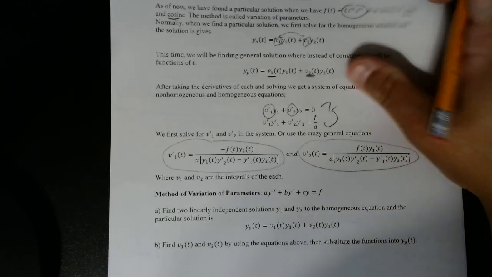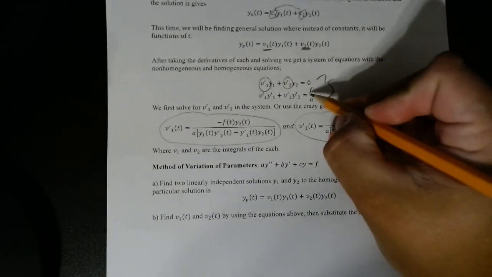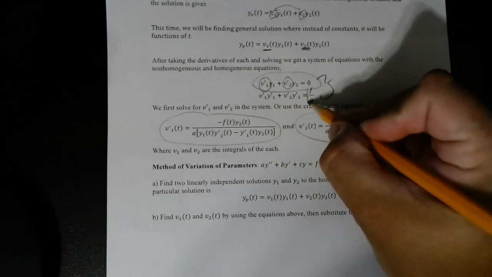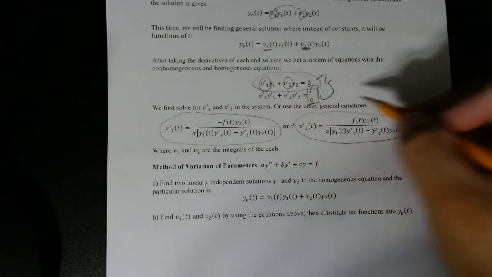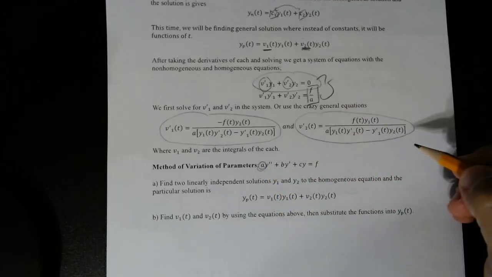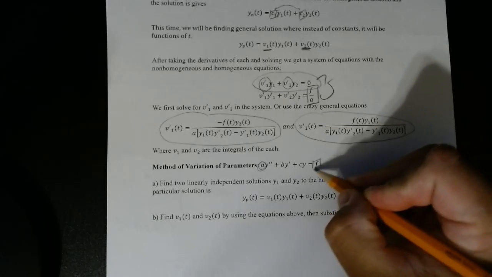Now, when it comes to the method of variation of parameters, the biggest thing is that the first part is the homogeneous part, and the second part is f over a. The a value is always in front of the y double prime, the second derivative, and f is what the equation is equal to.